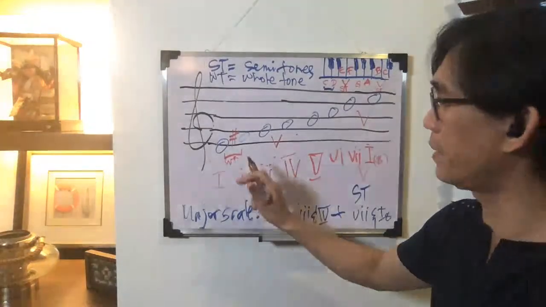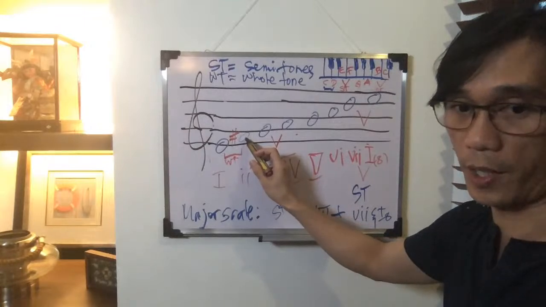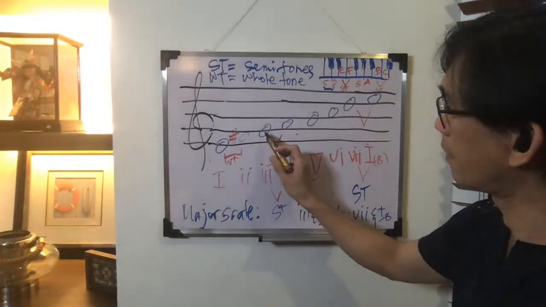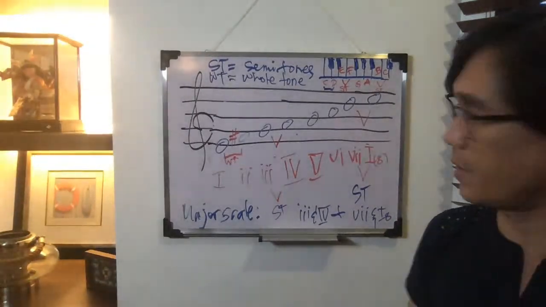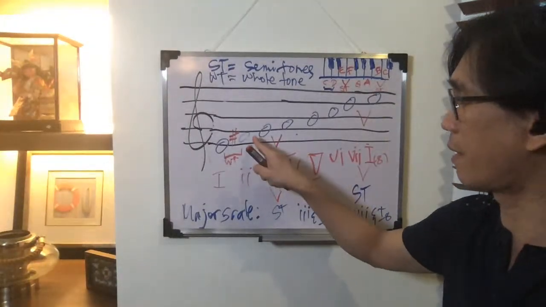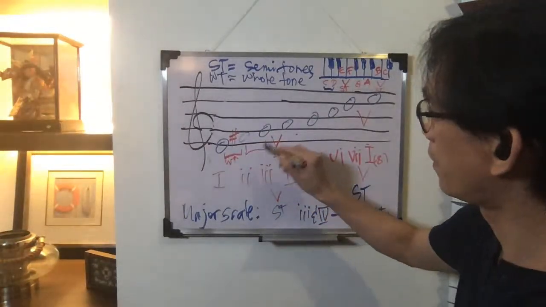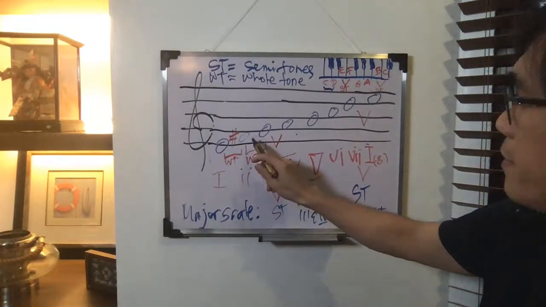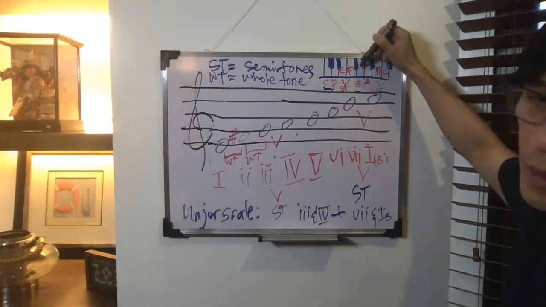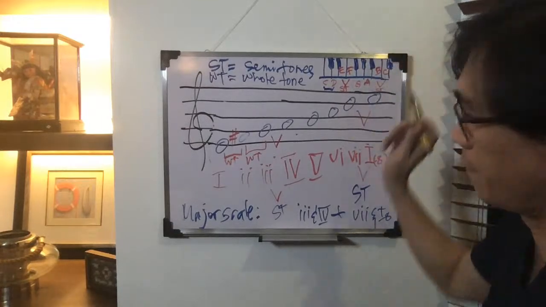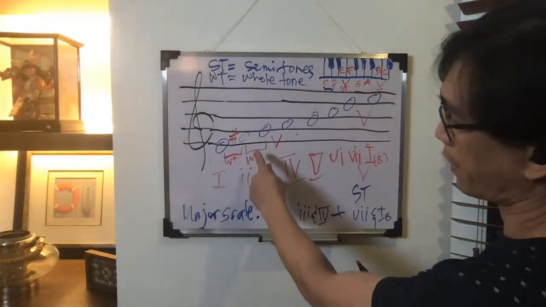So now what happens to the next interval? This is F sharp and then G natural. But according to the formula, 2 and 3 should be a whole tone. F sharp to G natural is only a semitone. So what do we do? As I said earlier, we cannot change the one on the left, the current note.